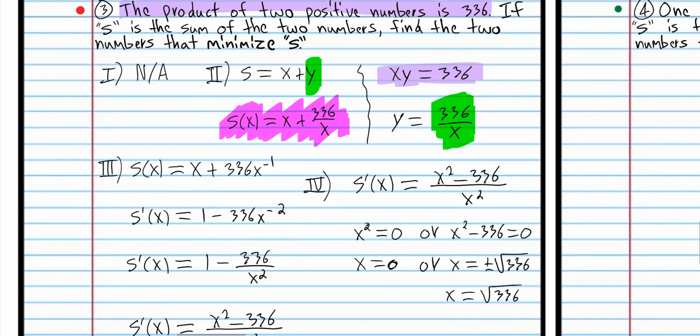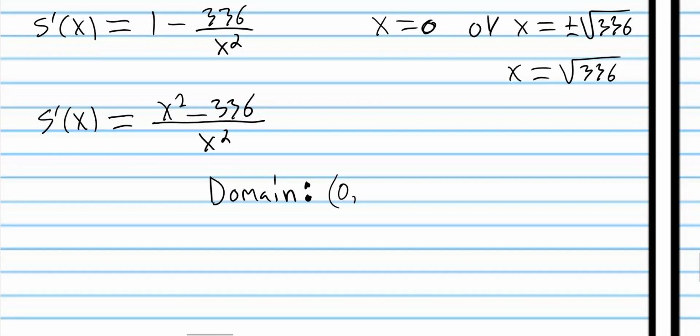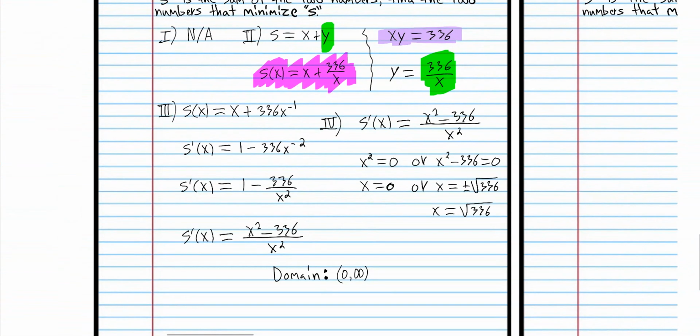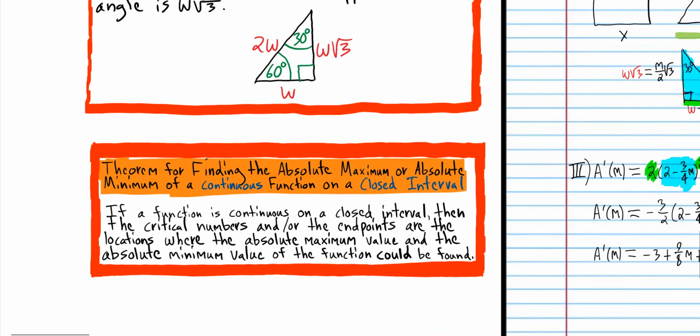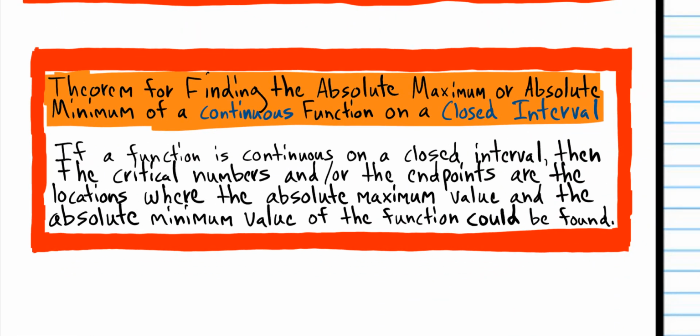There's no reason that x can't just go forever. And the same is true for y. The bounds of y are 0 to infinity also, but we only care about x because our purple function is in terms of x. So what this means is we can't use this theorem. We can't find the value of the function at the endpoints and the value of the function at the critical number and just compare them. It doesn't work.